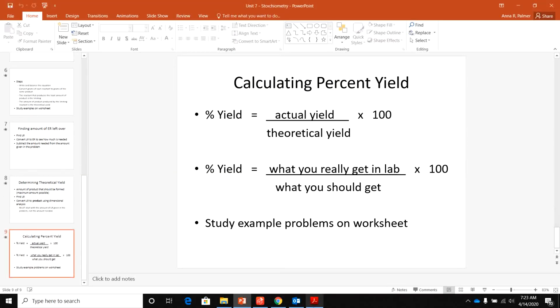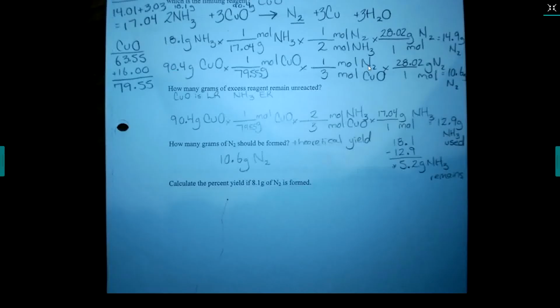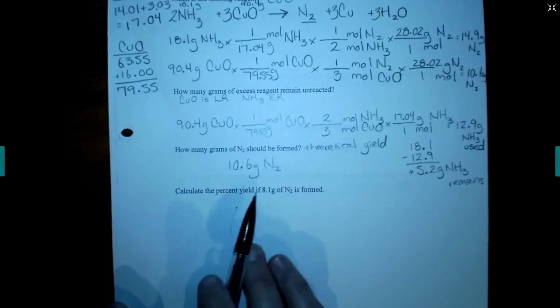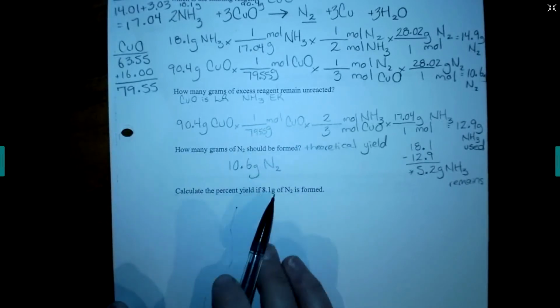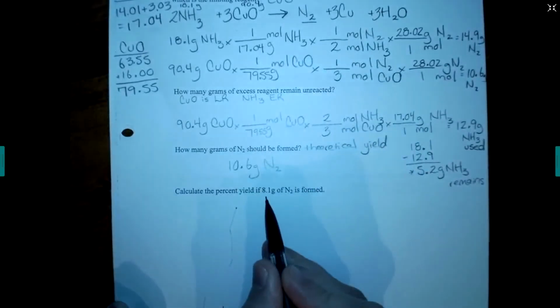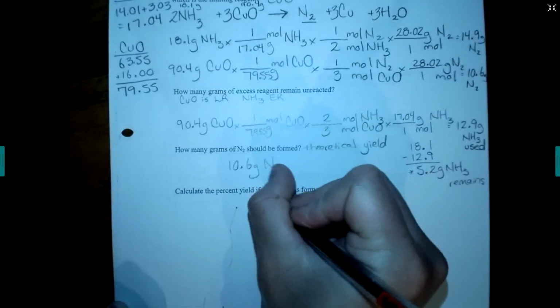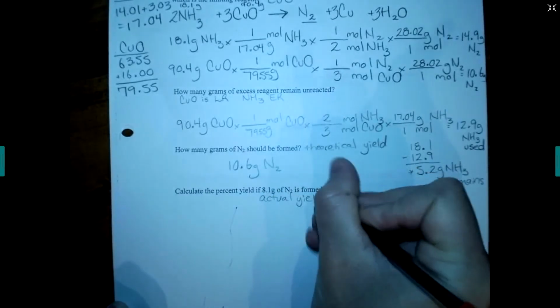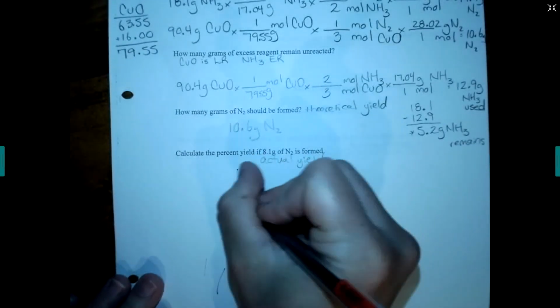Okay, so let's look. This last concept is pretty easy. It says to calculate the percent yield if 8.1 grams of nitrogen is formed. They're telling you that you're in the lab and this is how much you actually produced. So this is your actual yield. To find the percent yield, you take actual over theoretical times 100. So the actual yield is 8.1.